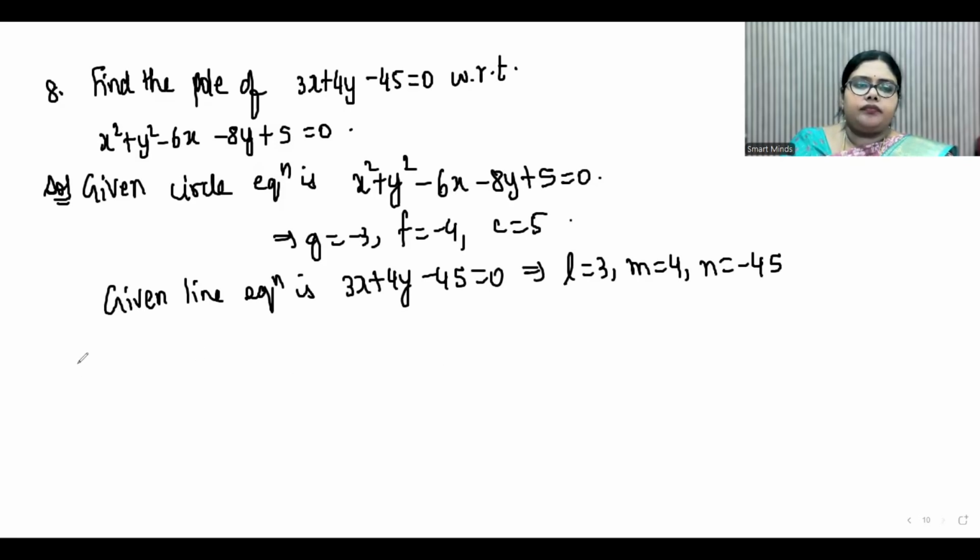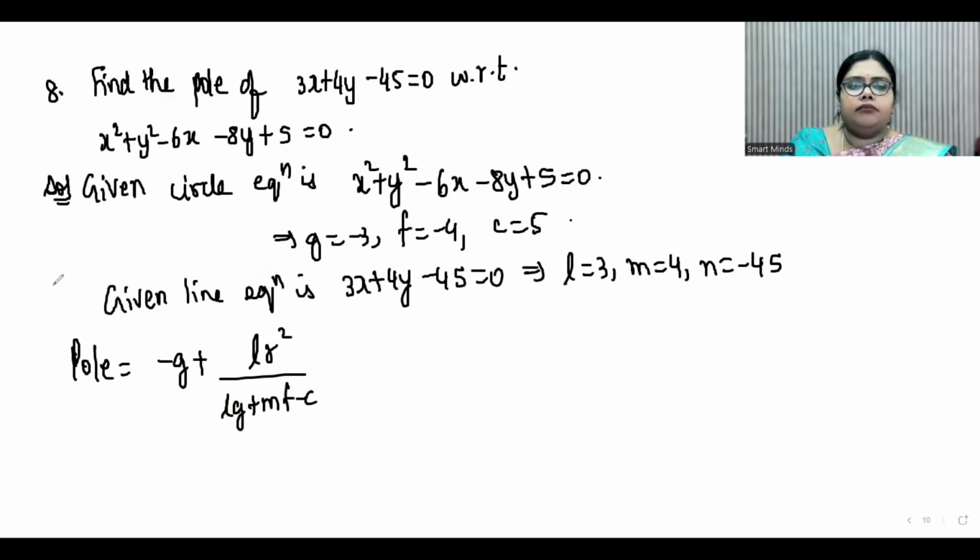So we have a direct formula for the pole, that is (-g + lr²/(lg + mf - n), -f + mr²/(lg + mf - n)).